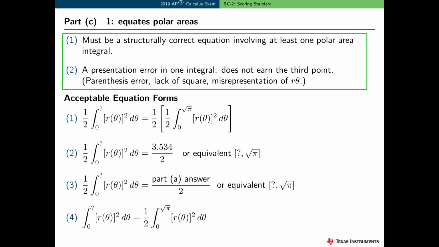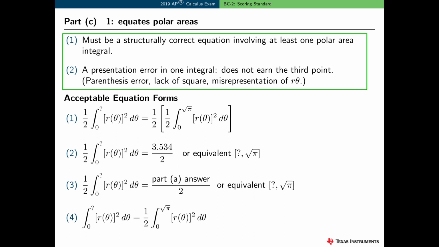And structurally correct means the student has conveyed a polar integral equal to 1/2 the area found in Part A. If there is a presentation error in one integral, but the equation is still structurally correct, the student earns the first point but cannot earn the third point. Some common presentation errors included a parentheses error, the lack of a square, or the misrepresentation of r of theta.